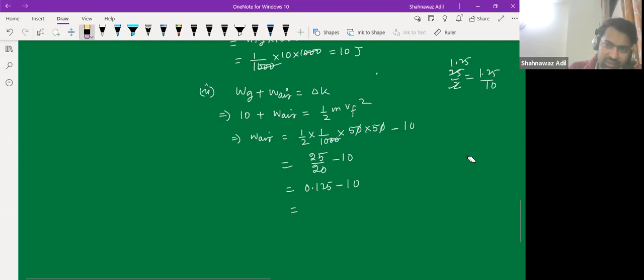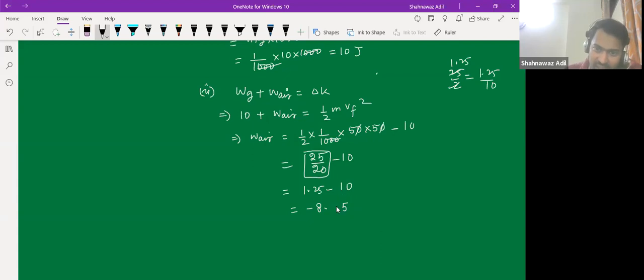Yes, sir. Finding. So this is the mistake in here. Division, right? So this is 1.25 minus 10. So then we'll get minus 8 point whatever 5, and so this is 927.